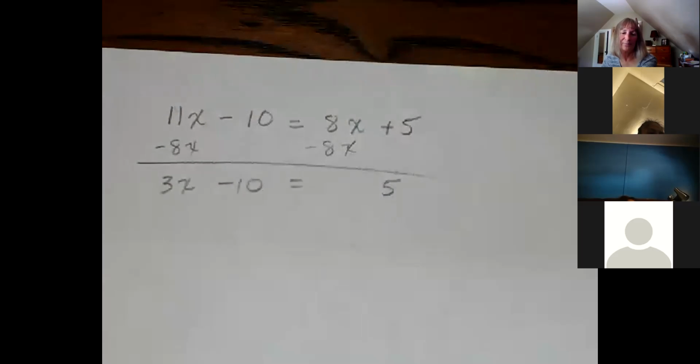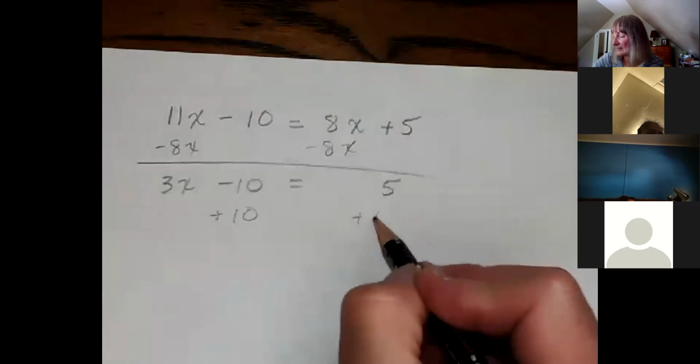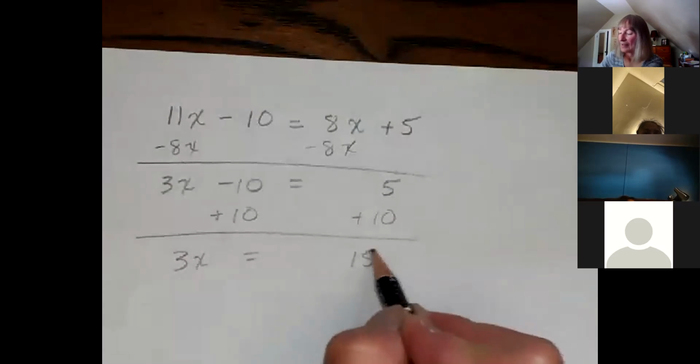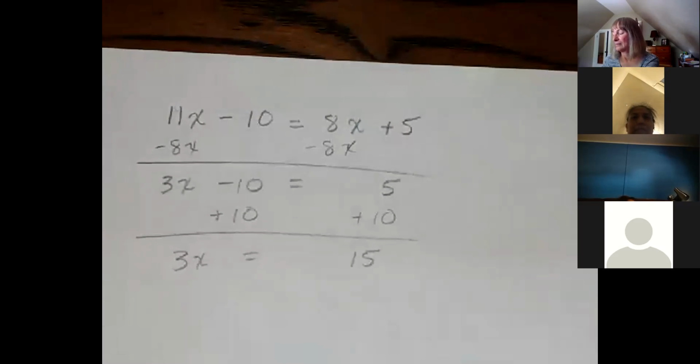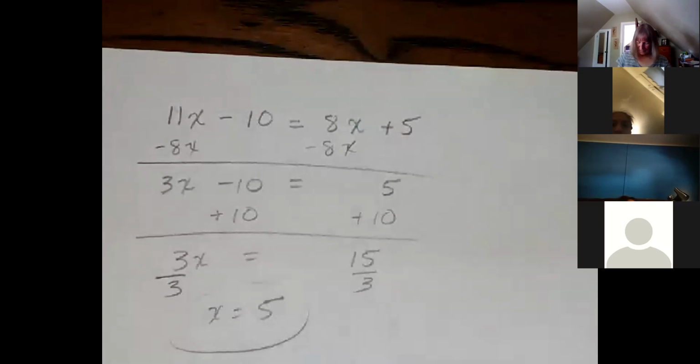And now what? Plus 10. I would just do plus 10. And then we divide by 3. Yeah. Okay. Oh man, it gets easy when you do it that way.